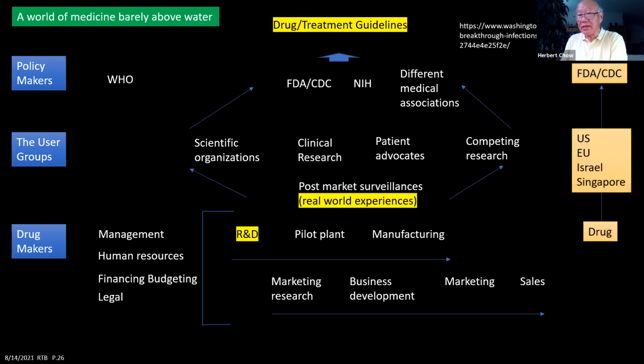And you can actually see it: you have a drug, and you have people outside checking on your drugs, whether it works. Then the FDA and CDC, based on the data they have seen, make recommendations and change mid-course. They say, wait a minute, the mask is probably still needed, because we're seeing that the vaccinated group is still carrying the virus, and we cannot tell who's carrying the virus and who's not.